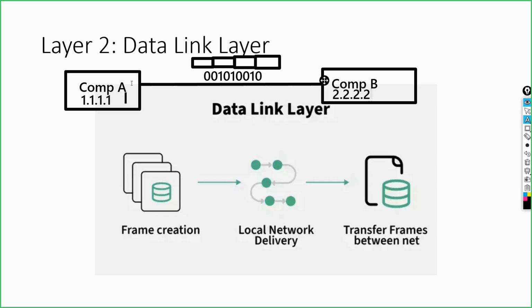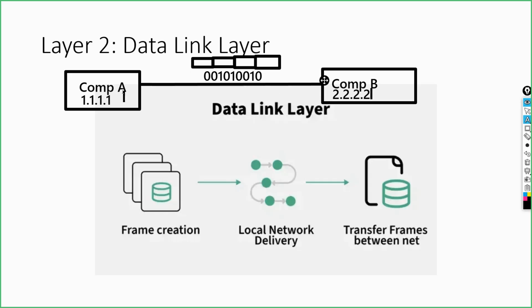Now computer A calls computer B, that is 2.2.2.2, but computer A doesn't know the MAC address. So whenever computer A sends a request to computer B on 2.2.2.2, for the first time, it will ask, who has the IP address 2.2.2.2?